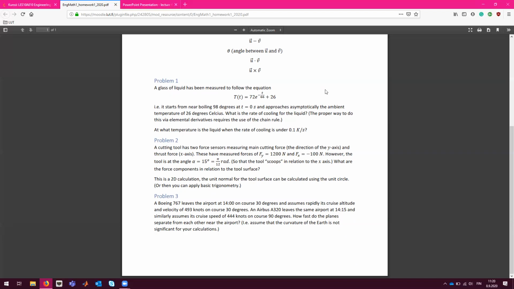So someone's having really hot rooms, and then find out the equation that tells how this changes, and find out when the change is relatively low, and then at what temperature is the liquid at that point. It should be just water.